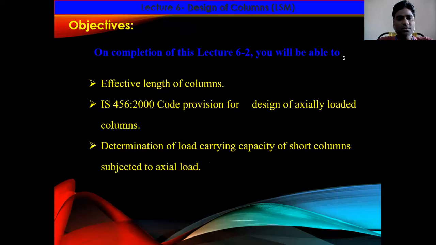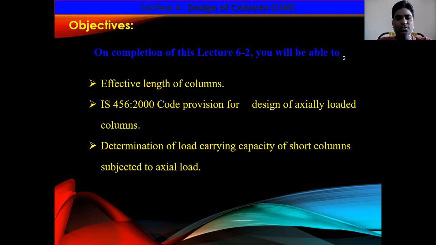The main objective of the present lecture is that after completion of this lecture, you are able to know what is meant by effective length of a column, how to determine this effective length of the column, and how it will affect the strength of the column. Next, we are going to discuss the codal provisions, that is IS 456-2000 codal provisions for the design of axially loaded column.